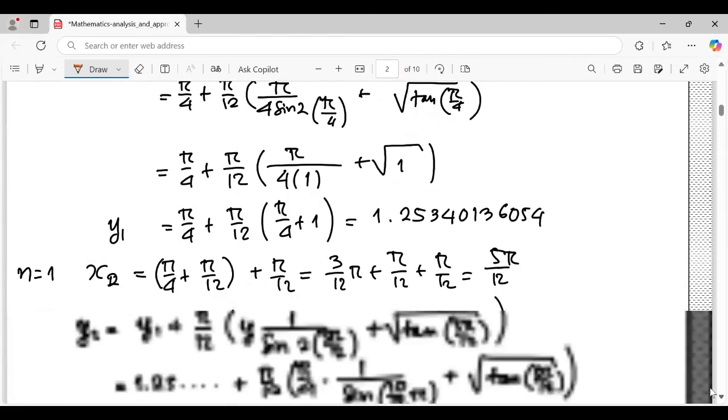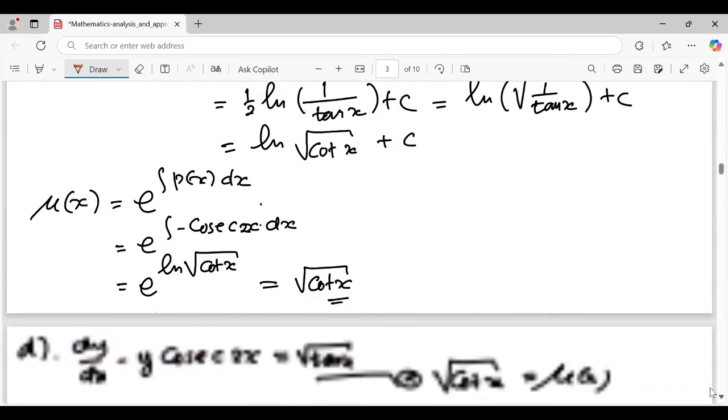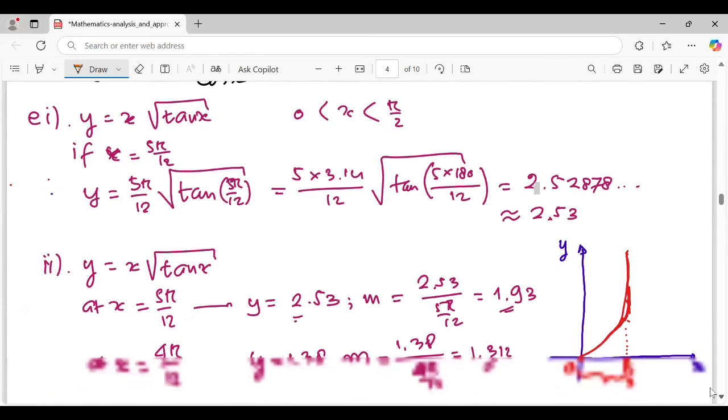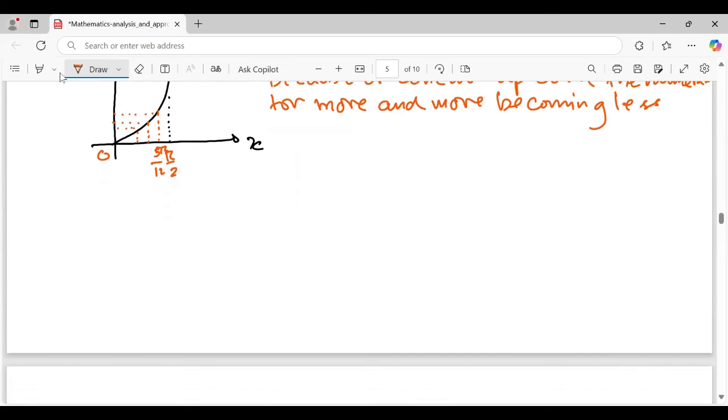Yes, of course. Because if you look at the graph, we can conclude that the gradient is positive.